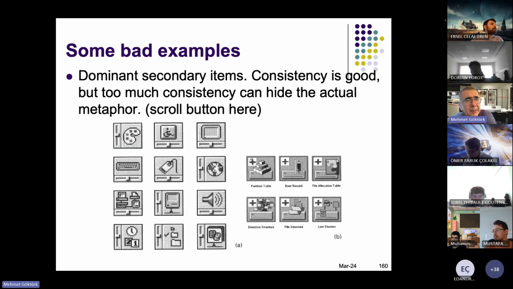This is another mistake. In order to create an illusion of the feeling of uniformity, they put too much uniform details. When you put too much uniform details, like this, that part is lost.